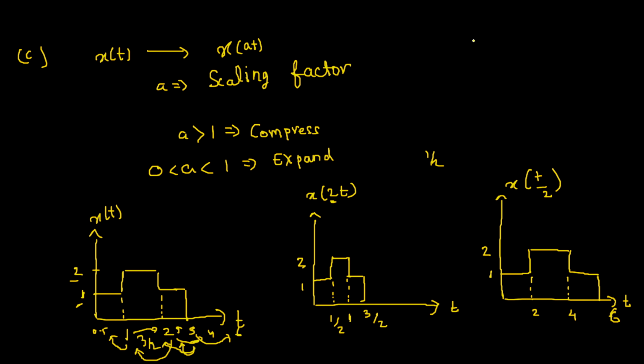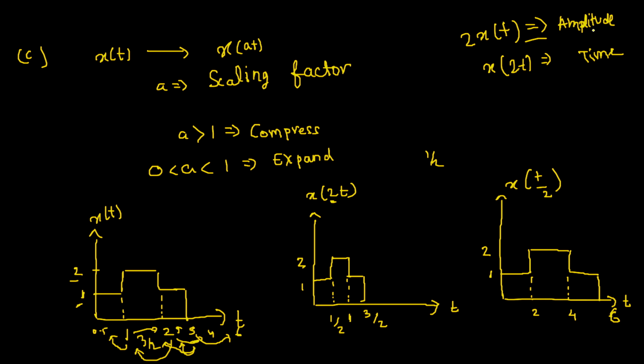So if we have 2 into x of t, this is amplitude scaling, where the time is fixed, but the amplitude changes depending on our factor. And if we have x of 2t, here we are changing time, where amplitude is fixed. Like you can see here, amplitude is between 1 and 2 in all the cases. But what is changing is the time at which we are getting that particular amplitude.